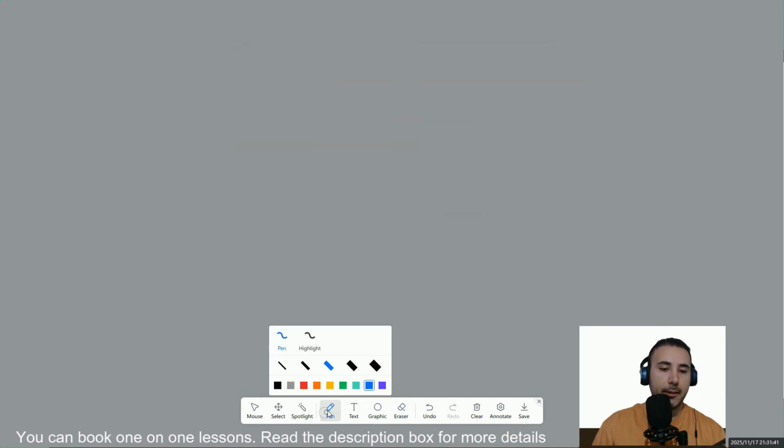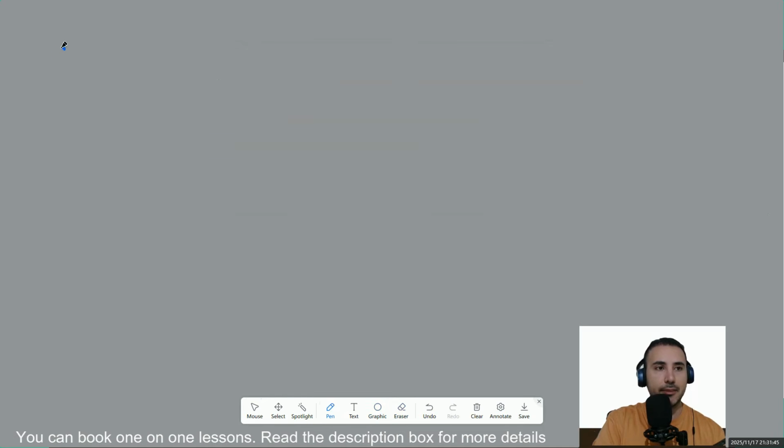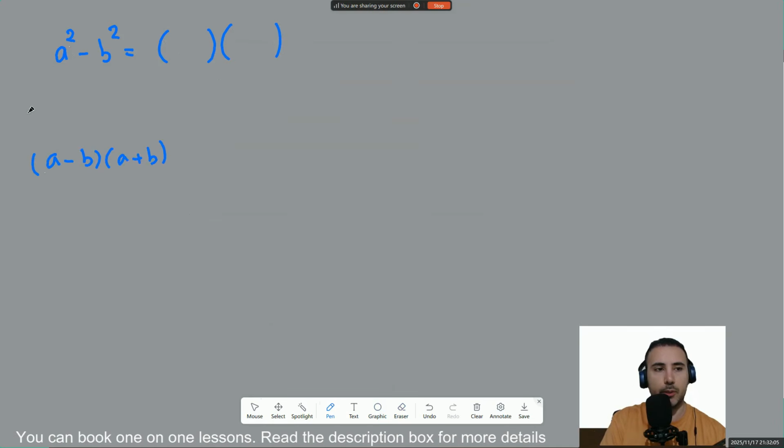So first of all, let's see what we mean by the difference of squares. If somebody says a squared minus b squared and we want to factorize it into 2 parentheses like this, do we know the answer? Well, all we have to do is write these two and multiply them together. When we multiply them, this is how it happens.